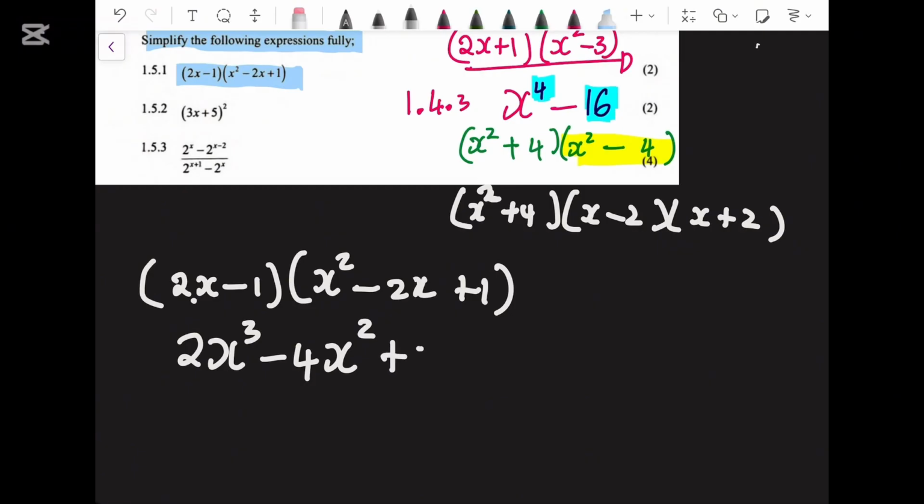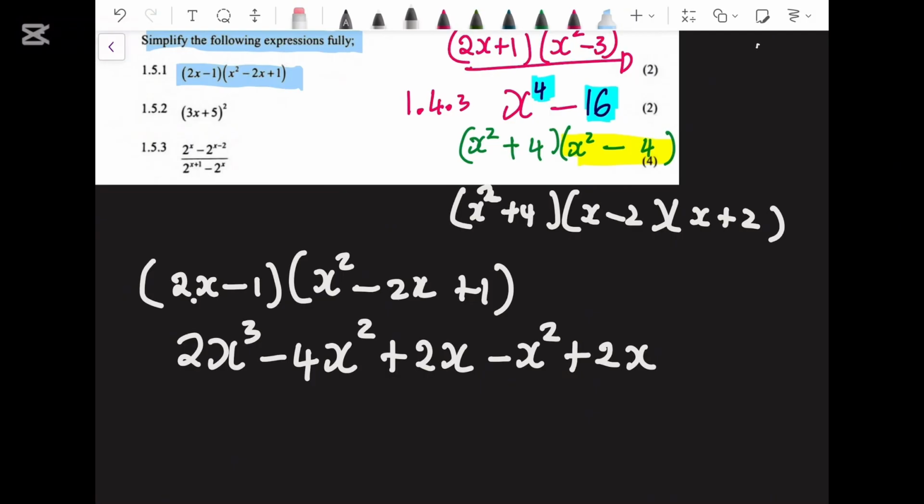It will remain as 2x. And then we have negative 1 multiplied by x squared. It will be negative x squared. And then we have negative 1 multiplied by 2x. It will be positive 2x. And then lastly, we have negative 1 multiplied by positive 1.